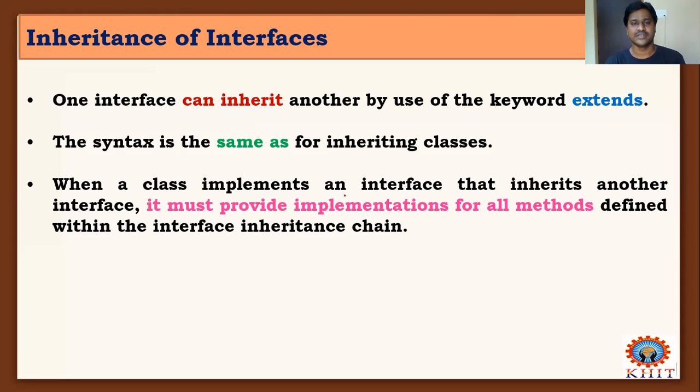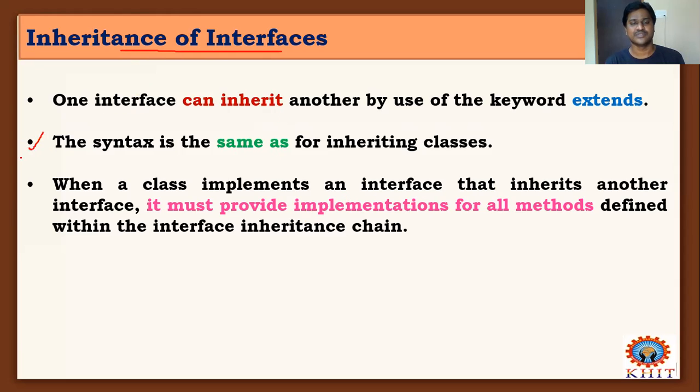And we are familiar with this keyword extends, extending the properties of one class to another class, nothing but creating a class hierarchy for achieving inheritance among the classes. And in the same way here, whenever one interface inherits the properties of an existing interface, that is the concept called inheritance of interfaces.